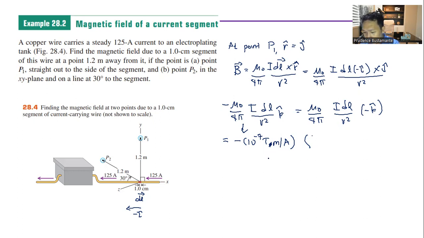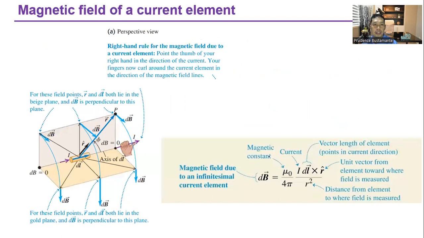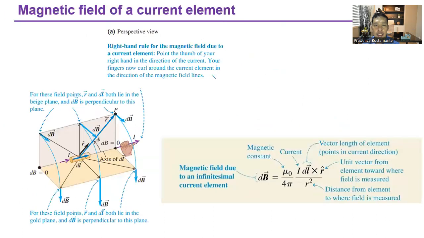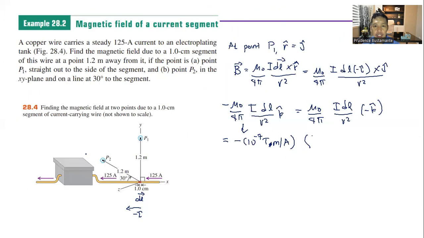So let's go back here. That's the value of mu naught over 4 pi.